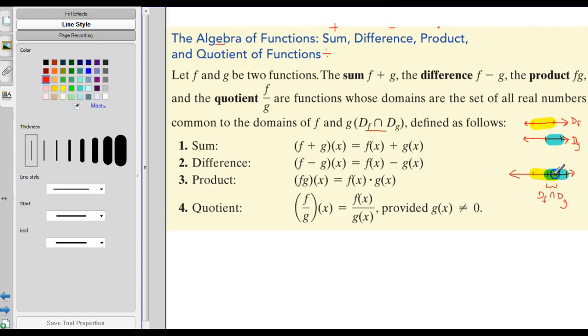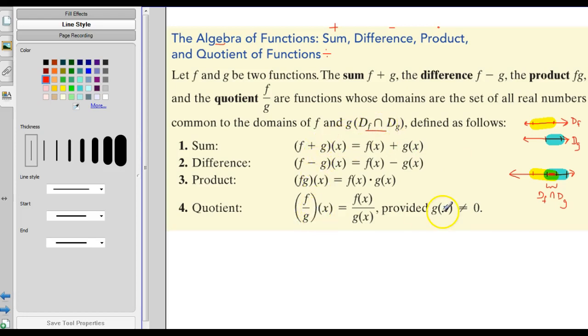So that little piece right there is part of this, and it's part of this as well. That's what we mean by that notation. The things that work in f and the things that work in g are the things that are going to work when we add, subtract, multiply, and divide them.